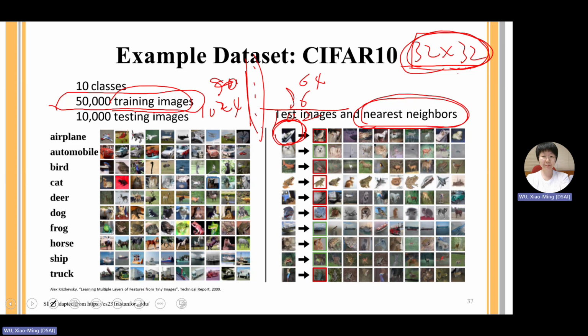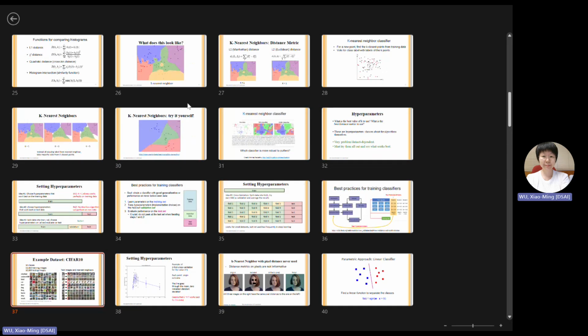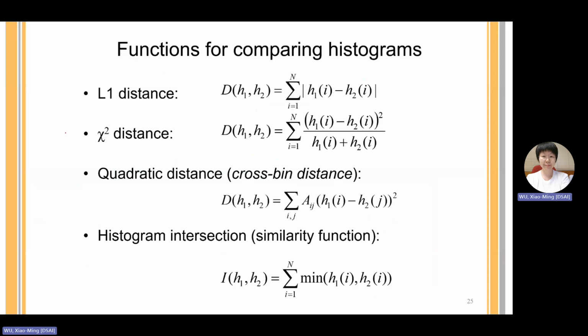To apply the nearest neighbor classifier, we should calculate the distance between the test image and each training image, because we want to identify its nearest neighbors. What distance function should we use? There are some choices.